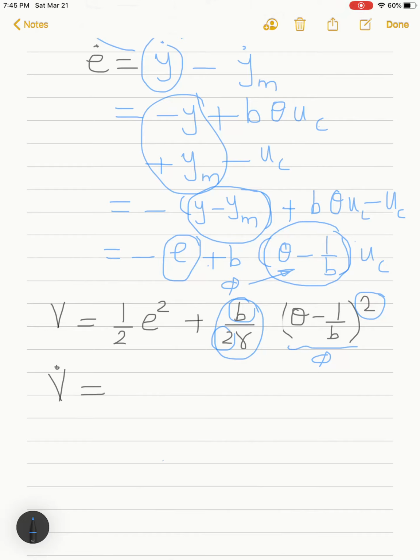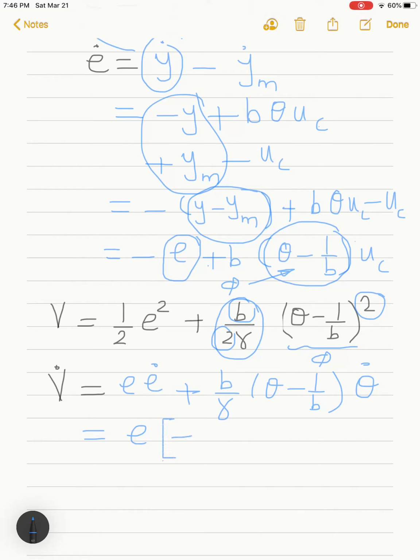Anyway, I will differentiate these, and that will give me E times E dot plus B over gamma. As I mentioned, 2 will cancel out with the exponent here. So theta minus 1 over B times theta dot. This is the equation for V dot. I will further substitute for E dot from the equation that we derived before.